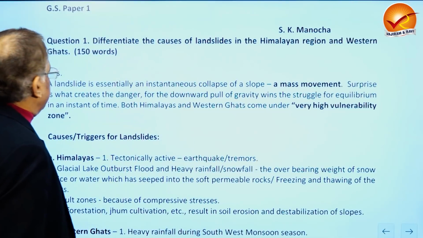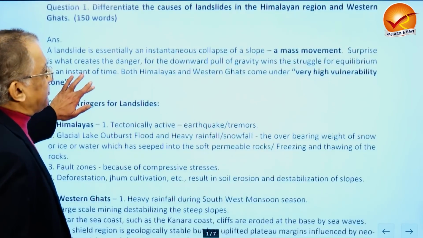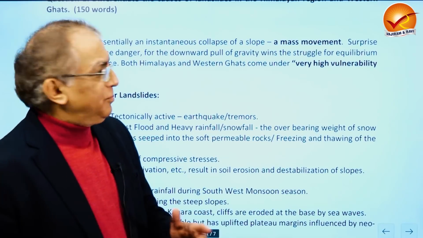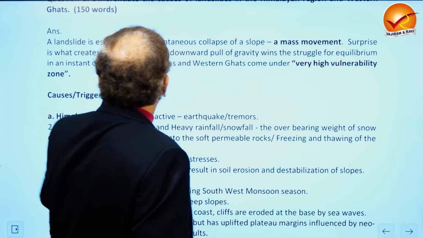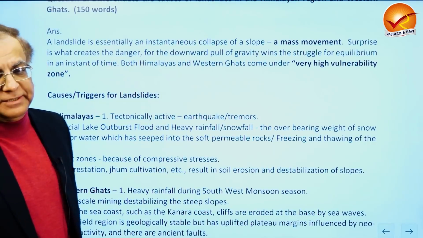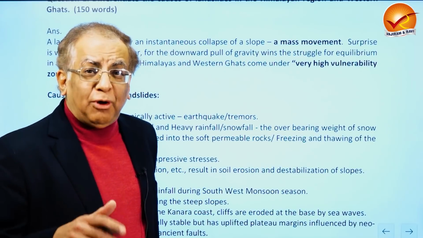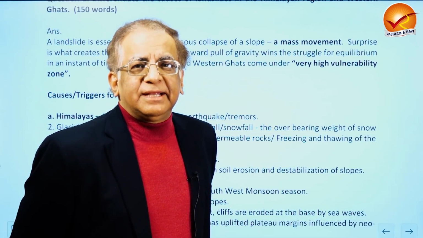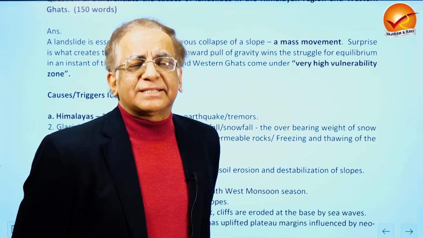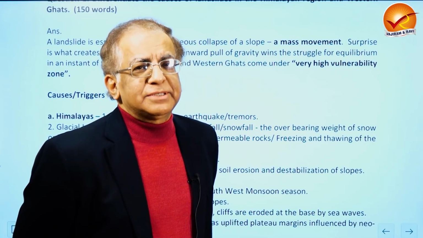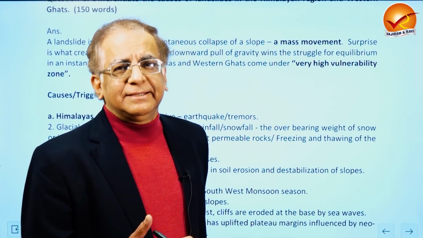Now, the important point here is that in a mass movement, surprise is what creates danger. That is, it happens all of a sudden. There are less chances of forecasting in such a situation because this happens instantaneously.